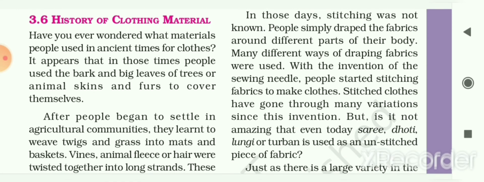In those days, stitching was not known, so people simply wrapped the fabric around the different parts of their body. Many different ways of wrapping fabrics were used. With the invention of the sewing needle, people started stitching fabrics to make clothes. And stitched clothes have gone through many variations since these inventions.